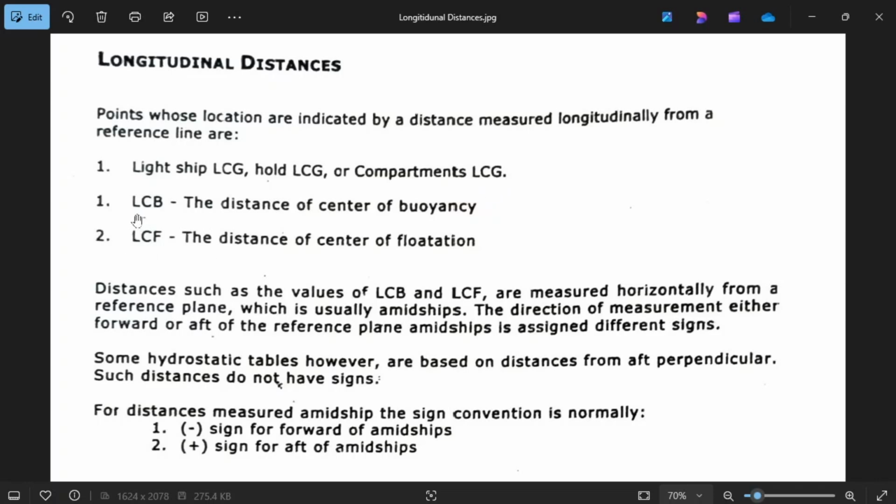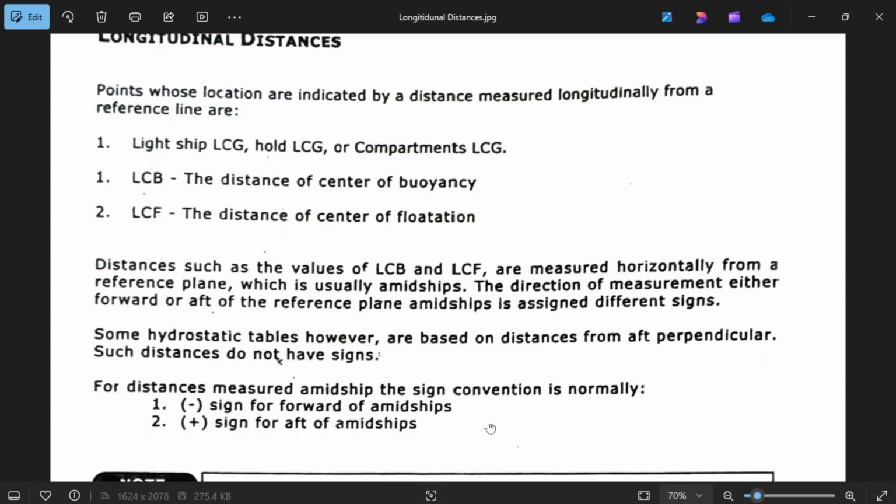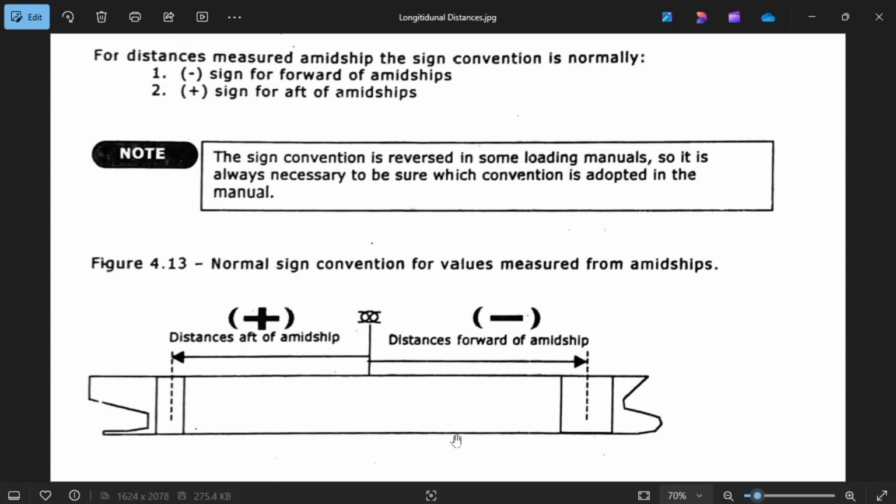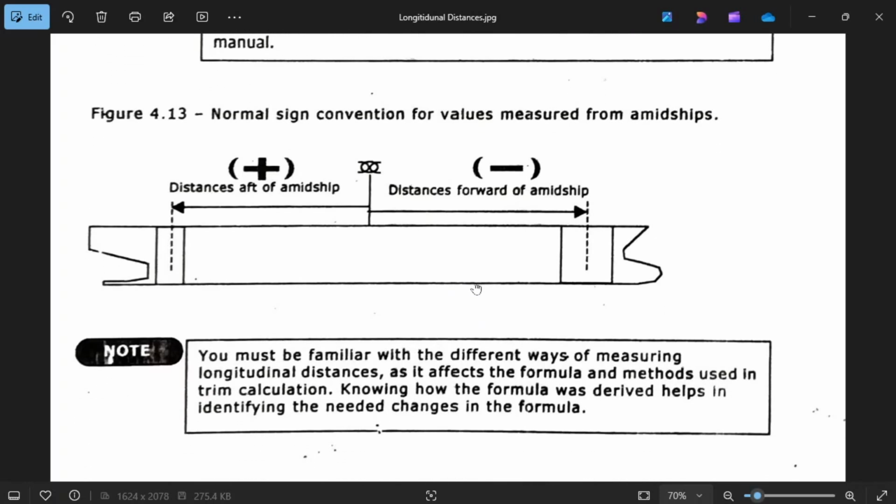So they all have LCG, which is the longitudinal center of gravity. And next we have the longitudinal center of buoyancy. This is the distance of the center of buoyancy. As per this figure, if this is your center, this will be your LCB.